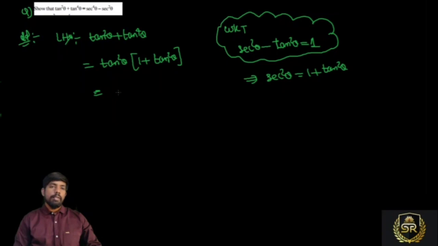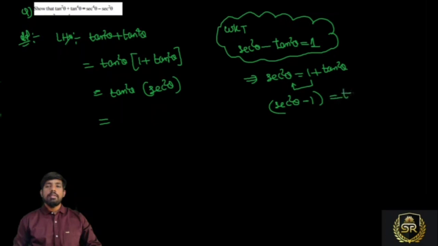Now if I bring this 1 to the left hand side, secant square theta minus 1 is equal to tan square theta. So in the place of tan square theta, I write secant square theta minus 1.